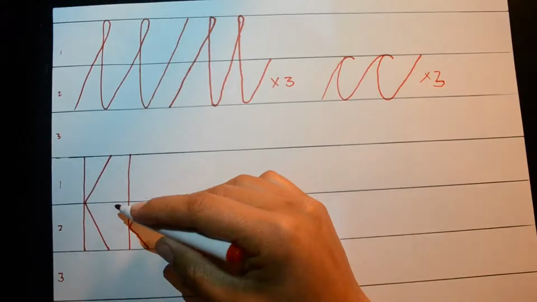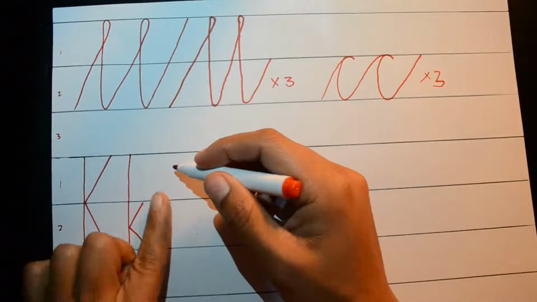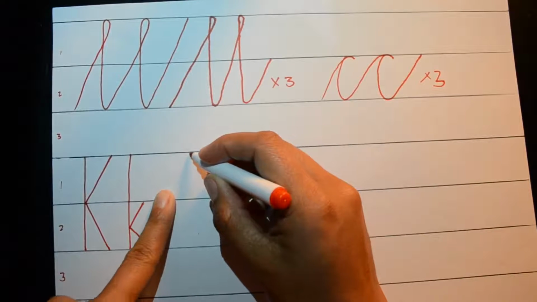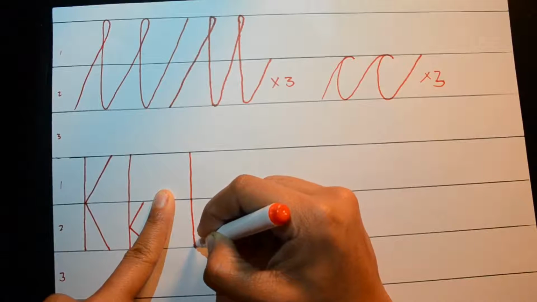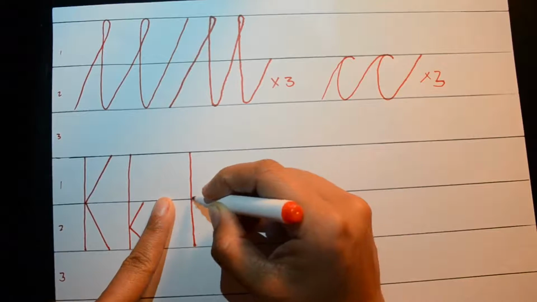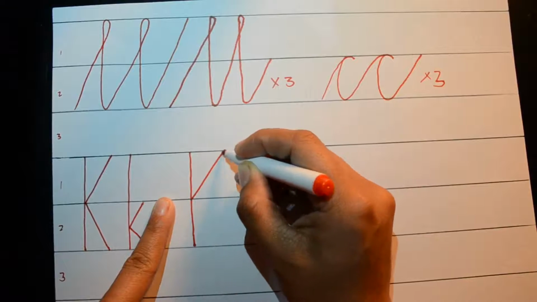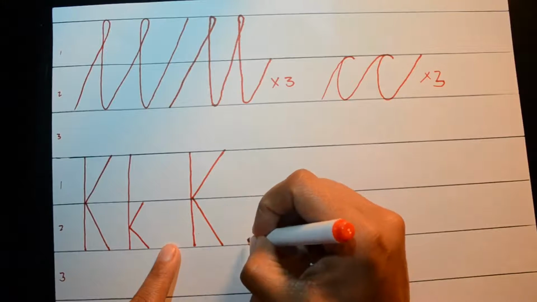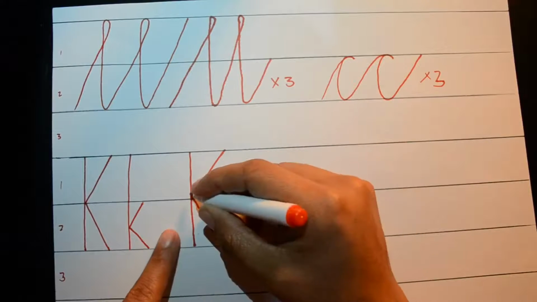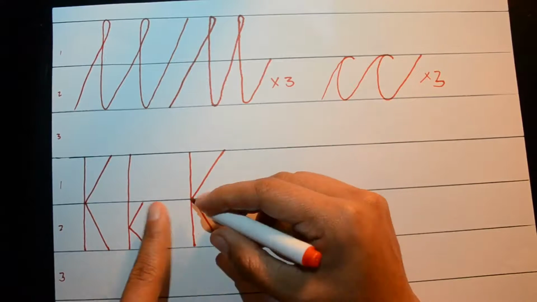And then the letter K, capital K, and 1 finger space. So you go straight down from the top of line 1, and then from the middle, slanting up and slanting down. It's not curve up, it's straight down, slanting.